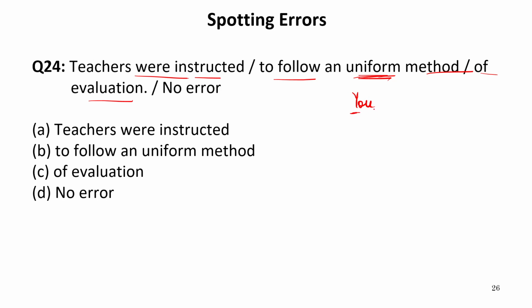So this Y is a consonant. So this word is beginning with a consonant sound. And whenever there is a word beginning with a consonant sound, we use article A before it, not AN. So this AN should be replaced with A. Therefore, the error is in part B. So our answer is B.